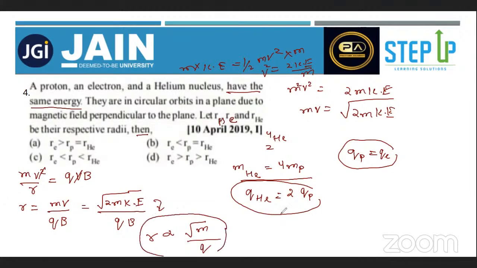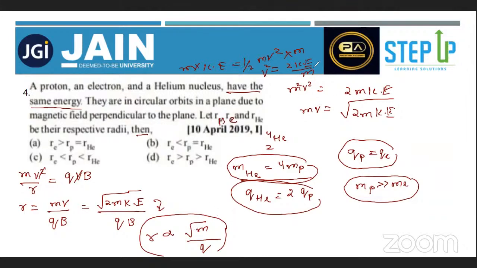The mass of helium is 4 times that of the proton, so this is one relation. The second relation is that the mass of a proton is quite big compared to an electron. It is 1 by 1837, that is, the mass of proton is equal to 1837 times the mass of electron.